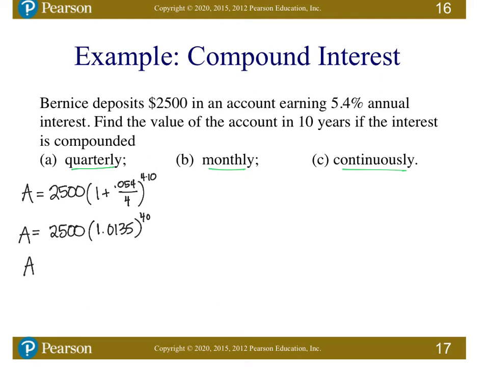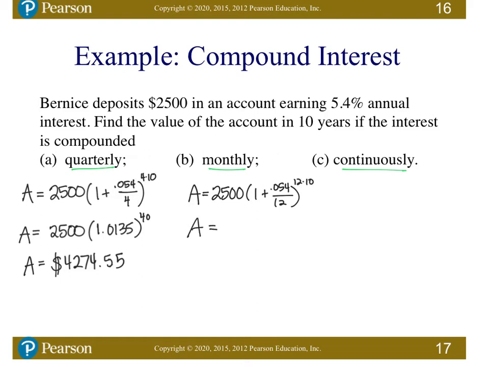The investment amount, when we do quarterly compounding, is going to leave us with $4,274.55. Now let's see how that compares if we invest monthly. It's the same setup. Everything about the interest rate is the same. We're just changing the 4 to a 12.